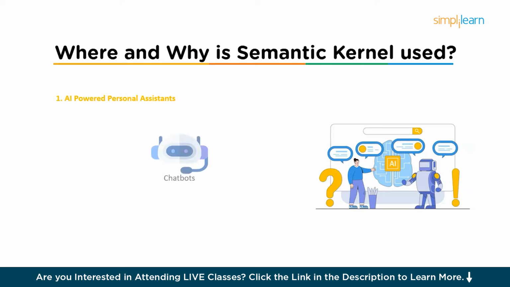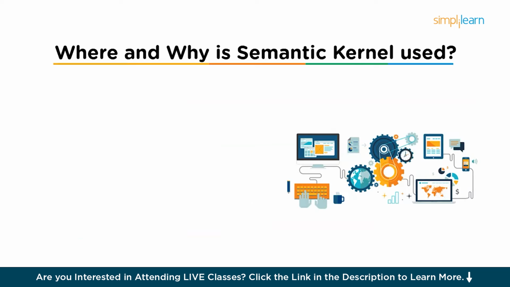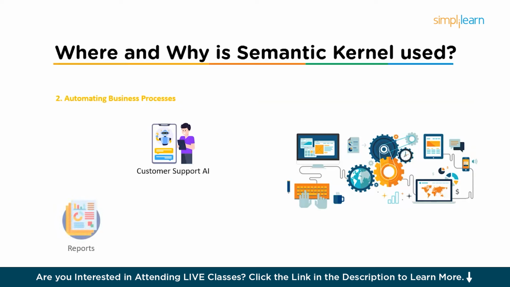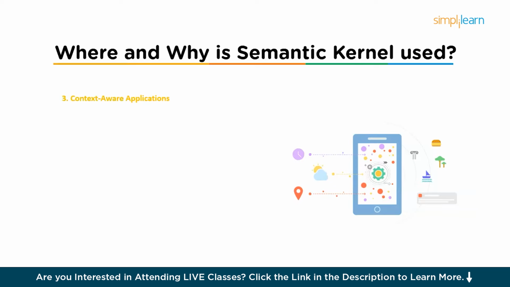Used in chatbots, virtual assistants like Microsoft Copilot and AI agents that need to process natural language commands and take actions dynamically. Then comes automating business processes. Imagine a customer support AI that can not only respond to queries but also generate reports and documents and schedule meetings intelligently.